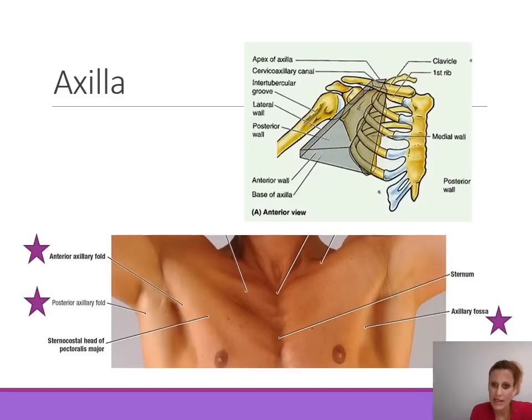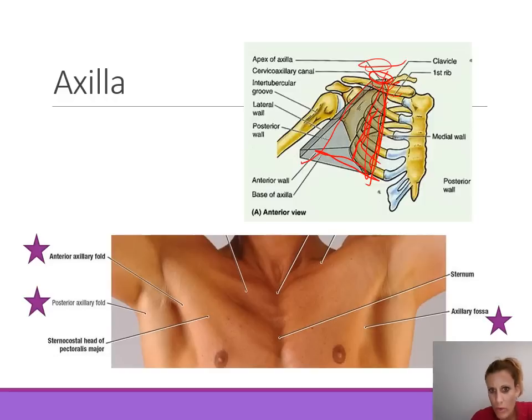Here you can see the axilla, right? So here, this kind of pyramidal shaped area. The apex again is this cervico-axillary canal. So this passageway, again, between the clavicle, the first rib, and then the top of the scapula in the back. The medial border was up against the rib cage and the serratus anterior.